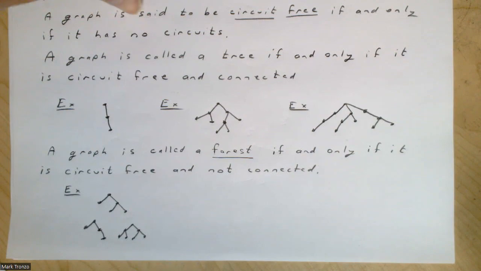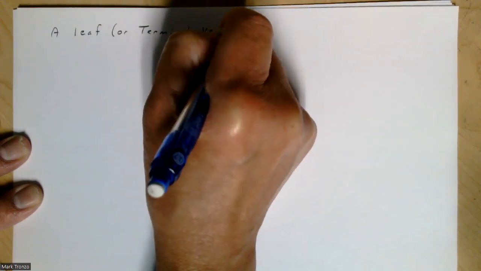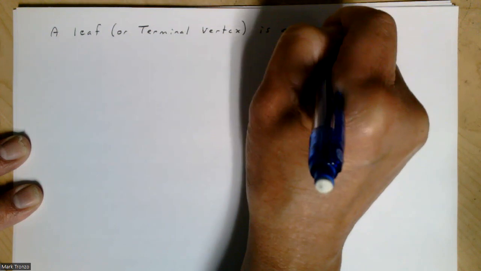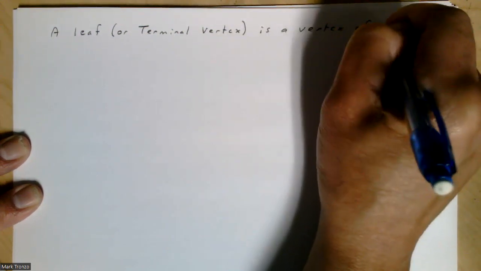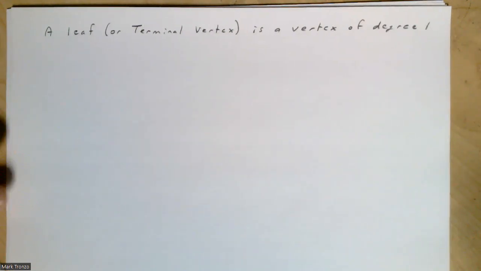Another definition is a leaf, or sometimes called a terminal vertex, is a vertex of degree 1. And so you can see what we drew over here.